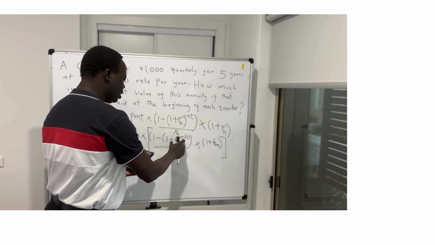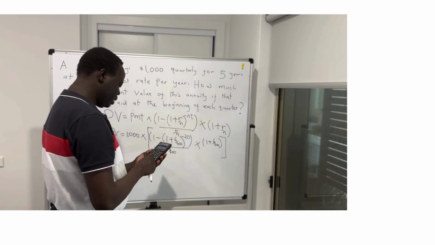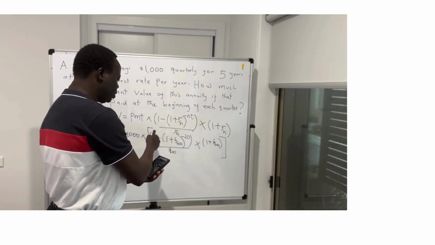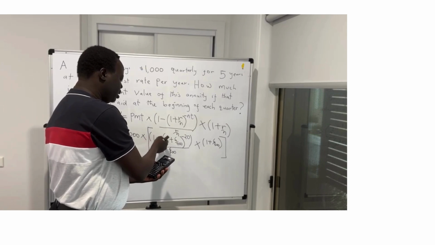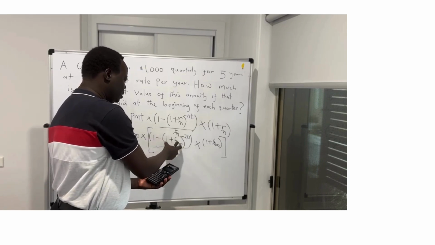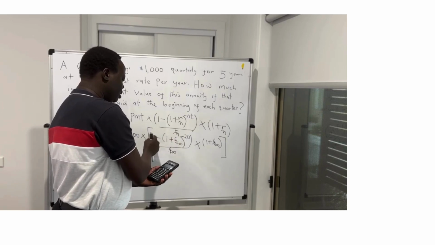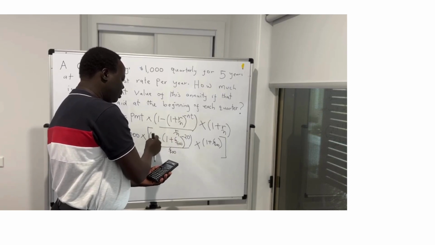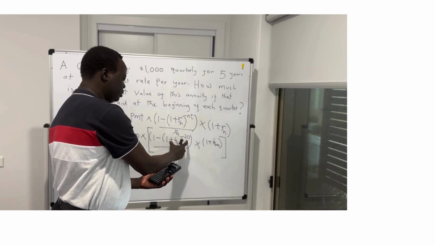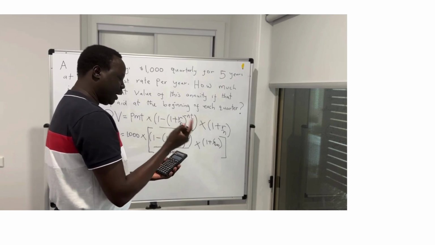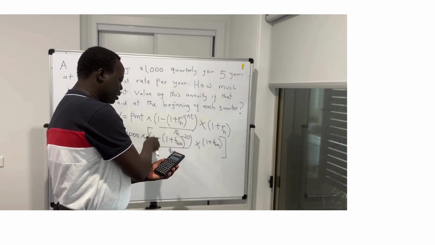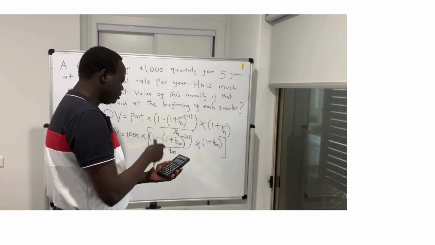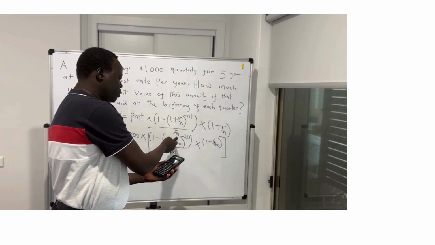Now you got that, and then you subtract whatever you got here. You say 1 minus whatever you got here. You put minus from the calculator, and then minus the answer.